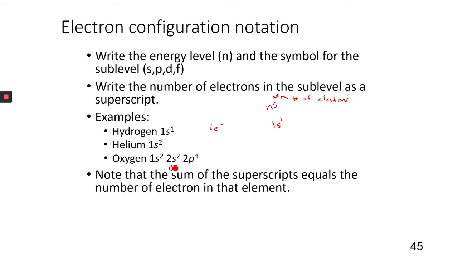So here is the electron configuration for oxygen. If you add all of these superscripts, that should tell you how many electrons are in oxygen. And it will, if your element is neutral. Remember, your number of electrons equals your number of protons, so it can help you identify what the element is.